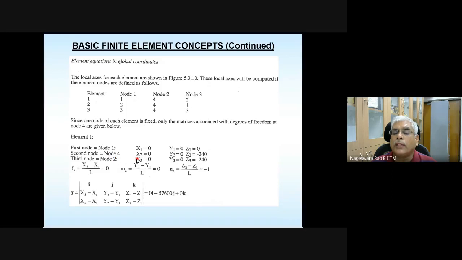Make a note of all the coordinates. This is a space frame, so at each node you have 3 coordinates: x1, y1, z1, x2, y2, z2, x3, y3, z3. Please note that when we say 1, 2, 3 here, these are in the local coordinate system. This is local node 1, local node 2, local node 3. Keep that in mind.